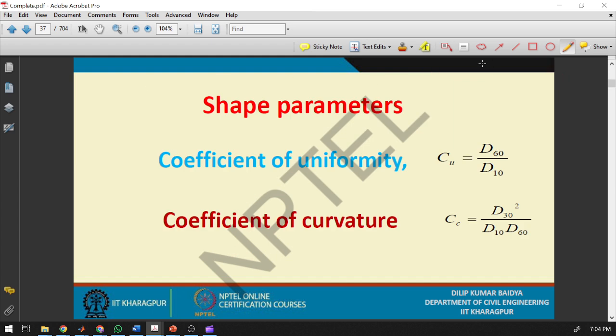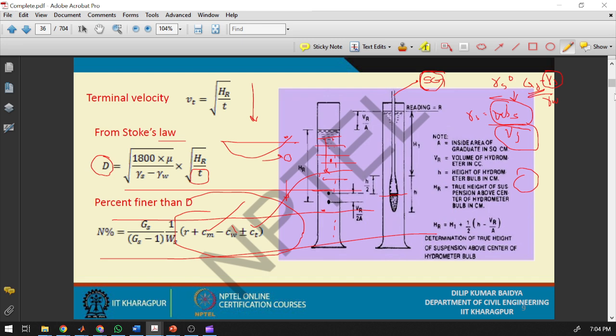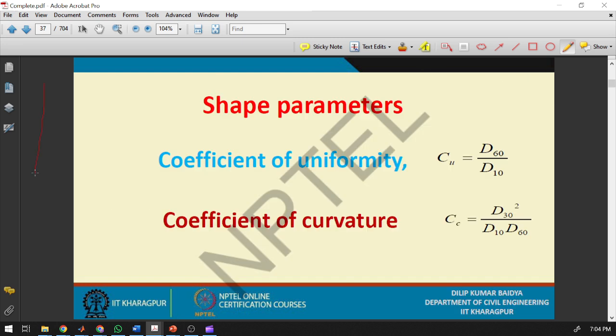Okay, the reason for doing this particle size analysis is to grade your soil, like what are the different particle sizes and by how much amount. Now we are talking about some quantitative values that can help us select soils for engineering applications. These are the coefficient of uniformity and the coefficient of curvature, Cc.